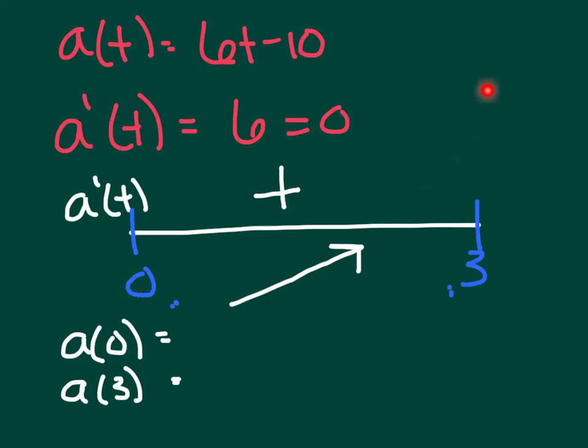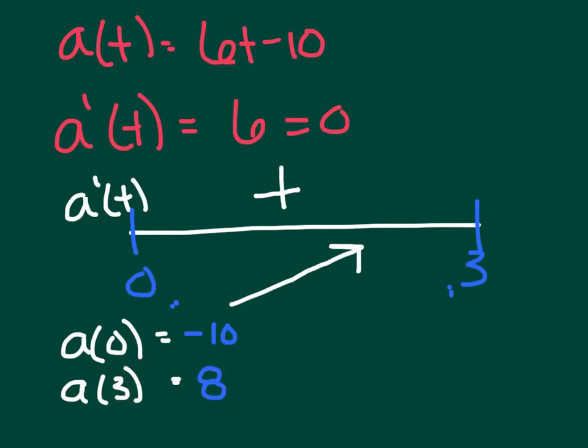Well, I think common sense would tell you it would be at 3. And I can easily figure out what that is. If I plug 0 into acceleration, I get -10. If I plug 3 into acceleration, I get 8. So I would say my maximum acceleration occurs at t equals 3, and it is 8.